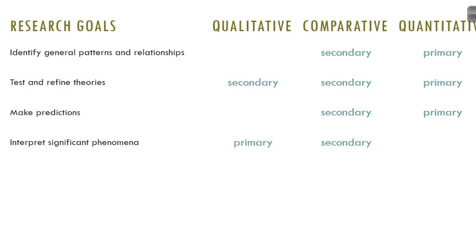Then when it comes to interpreting phenomena that are significant culturally or historically, the things change, and the qualitative research becomes the most appropriate strategy because, well, these phenomena are by definition unique. You're not going to have very many revolutions. And probably each one of them is going to be very different from all the others.